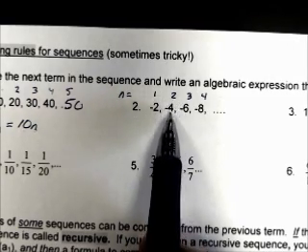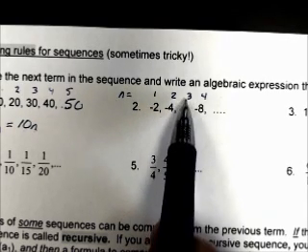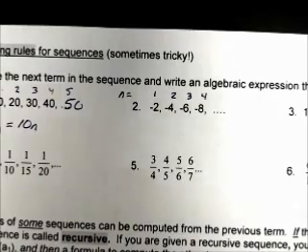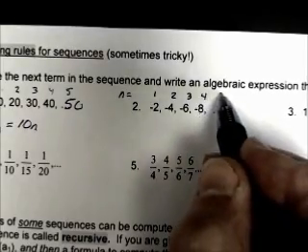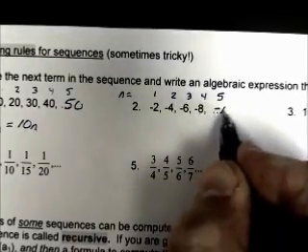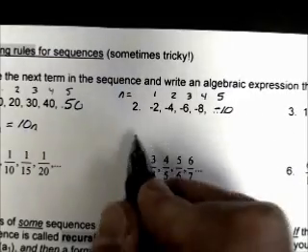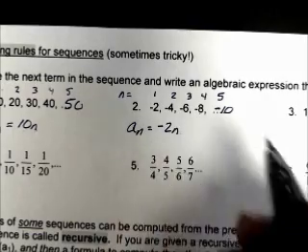Is 2 times negative 2 negative 4? Yes. 3 times -2, -6? Yes. 4 times -2 is -8, so our next term would be 5 times -2, which is -10.